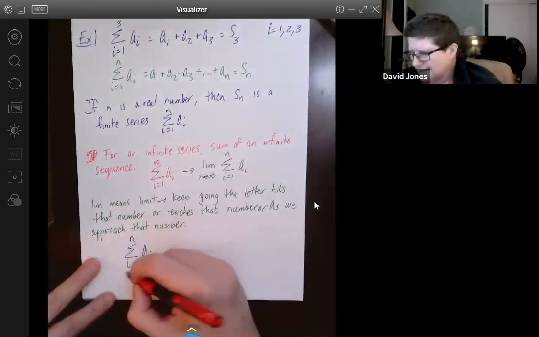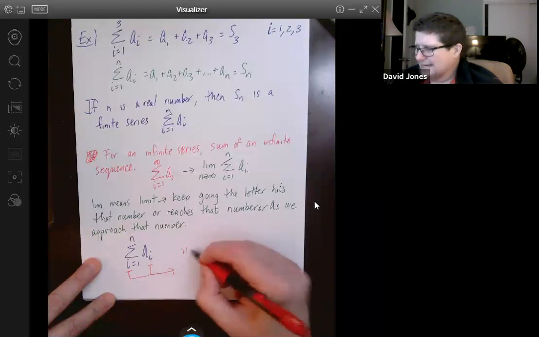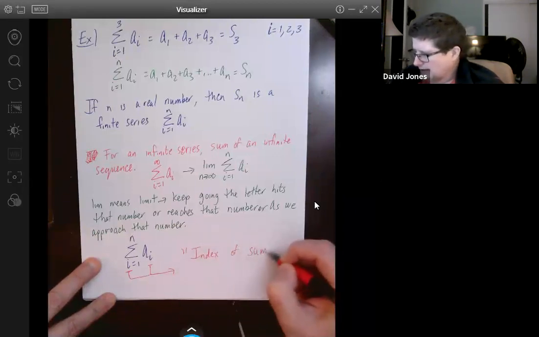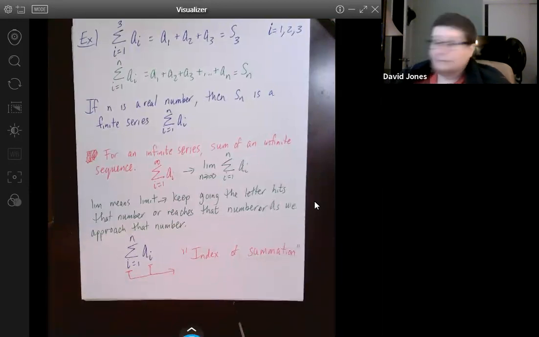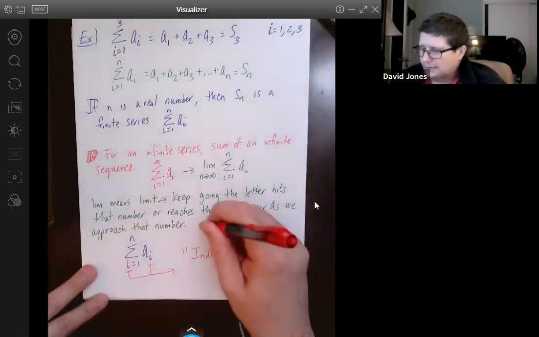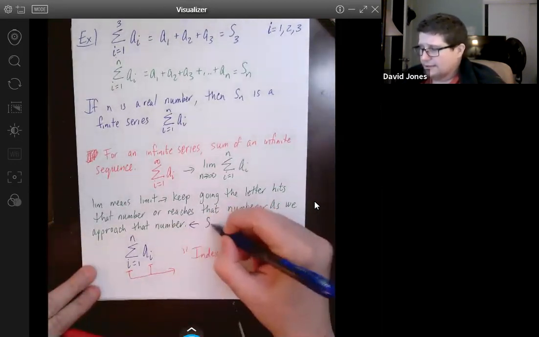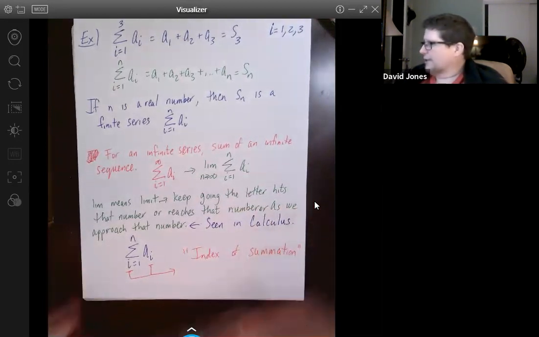This i right here, this is called the index of summation. It's just a placeholder, really. Limit very much is a calculus idea, so you'll see this in calculus. But I'm warming you up. You're getting there. All right.